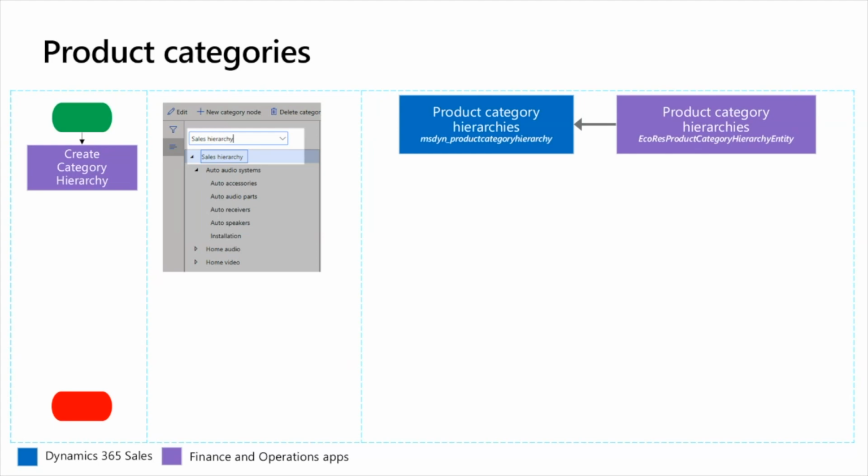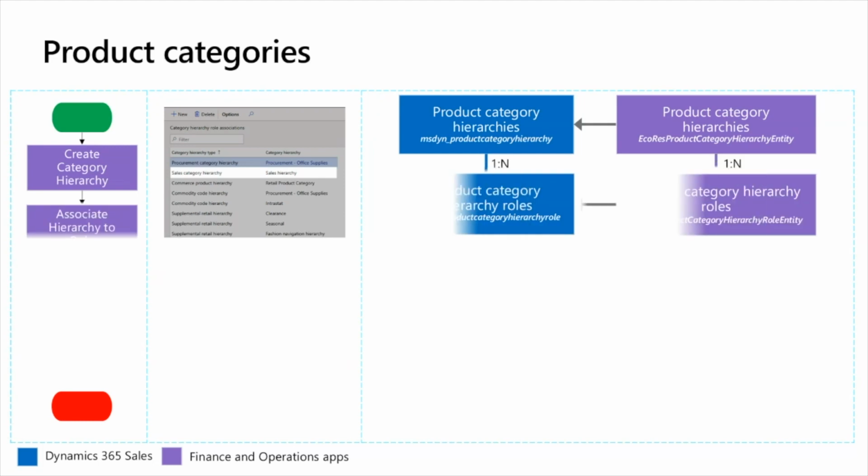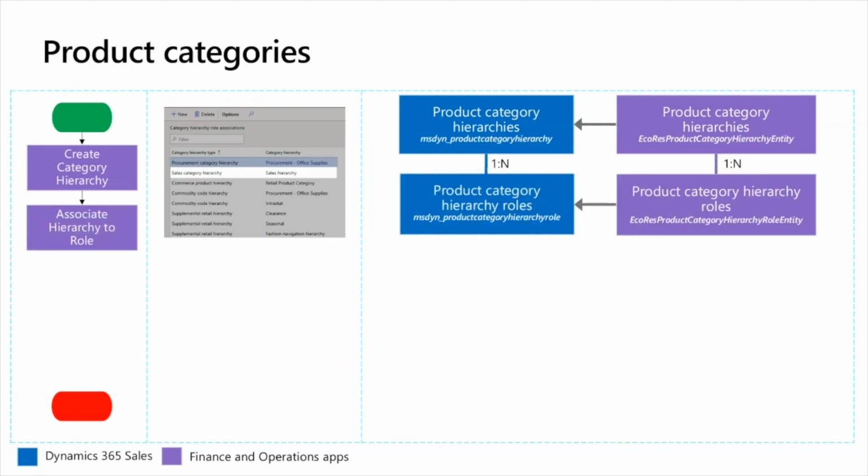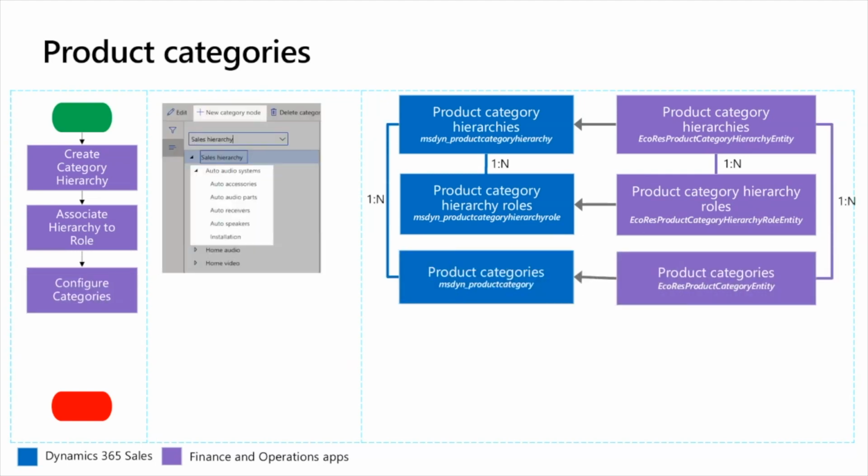So from a product category maintenance perspective, we are creating those product categories in finance and operations, the category hierarchy. We're then associating that hierarchy to the sales category hierarchy role. And again, data is flowing from finance and operations through to sales at this point as well.